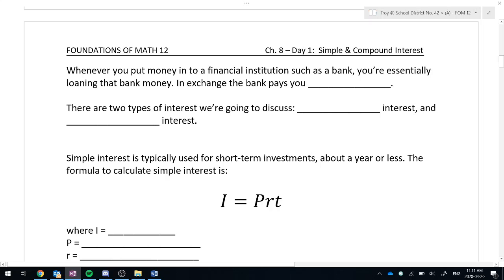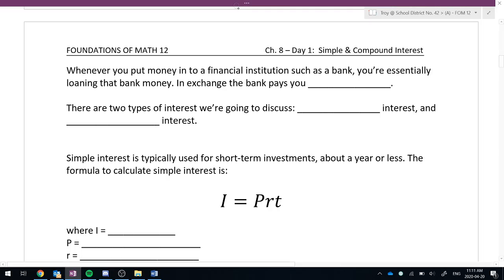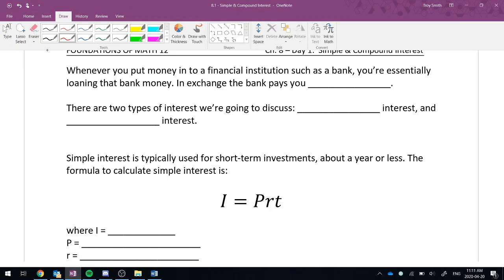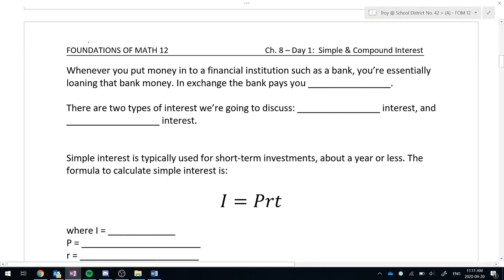So as you can see, we're going to be discussing simple and compound interest. Interest can be involved in a lot of things in a lot of different ways. We're going to just discuss interest for the most part when we are putting money into something, otherwise known as an investment.